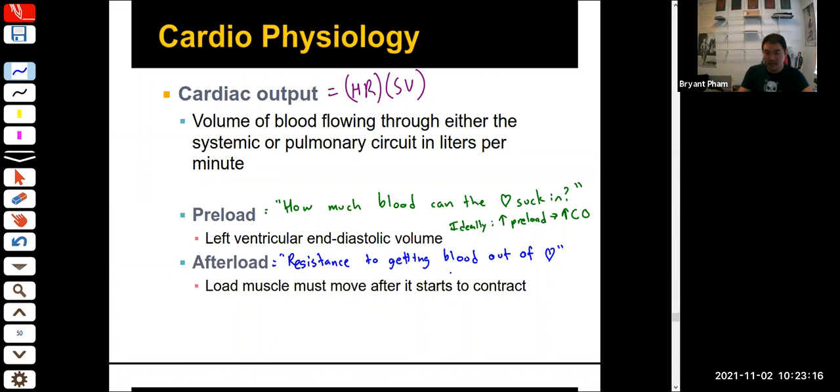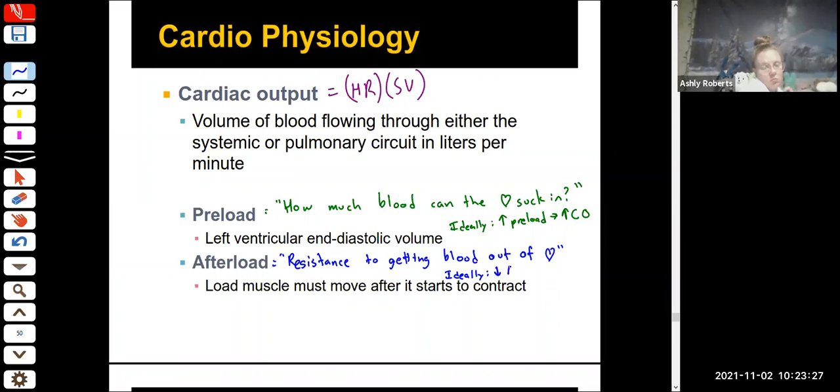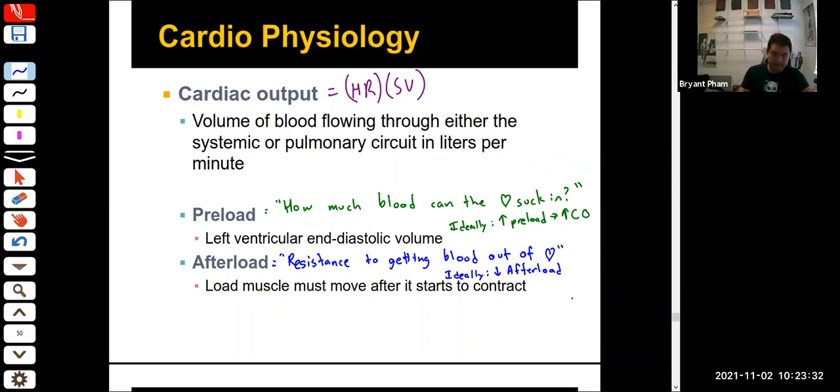So ideally, do you want a high or low afterload? Do you want to be hard or easy to eject blood? Low. You want a low afterload. Okay. Low afterload will increase cardiac output.